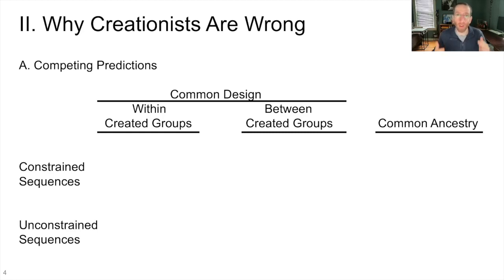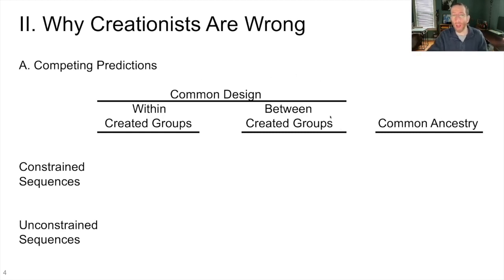We're going to take creation science seriously, treat it as legit science, and see exactly why it fails. So we're going to look at the common design model and the common ancestry model. The common ancestry model can be treated as one thing because the entire genome shares common ancestry, or at least all cellular life, according to that model.